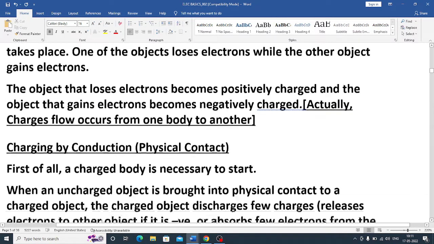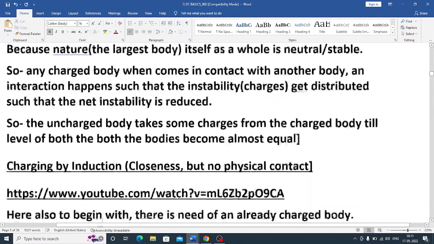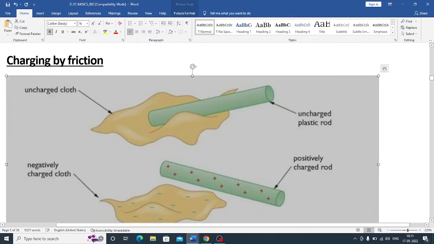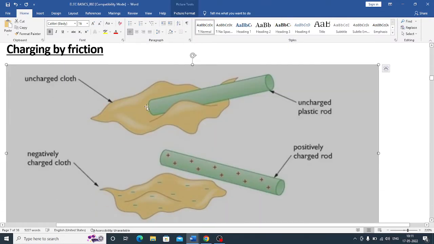See here, by friction, there is a cloth which is initially uncharged. There is a plastic rod which is initially uncharged. You rub them together.